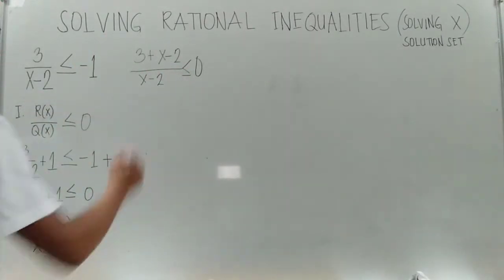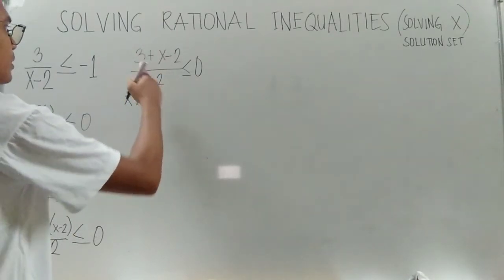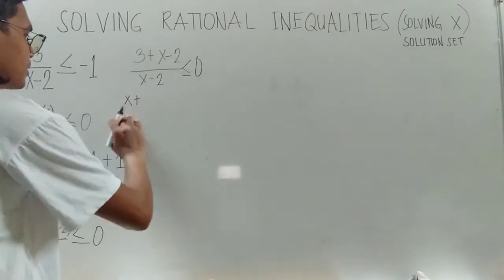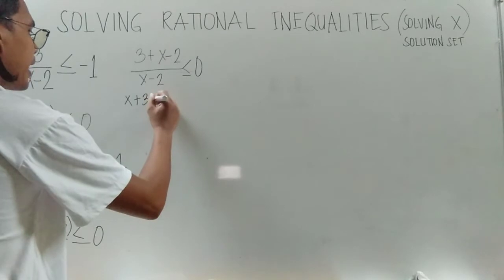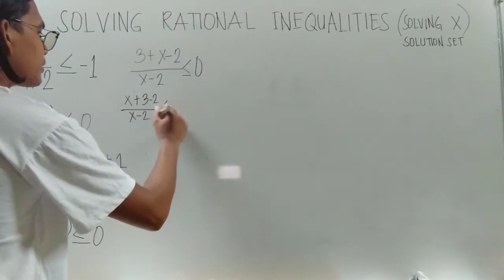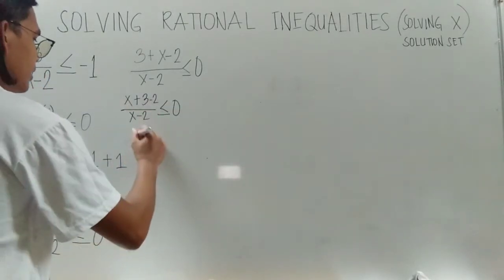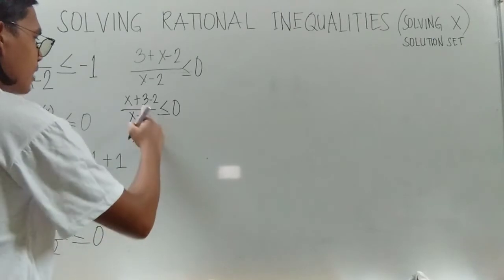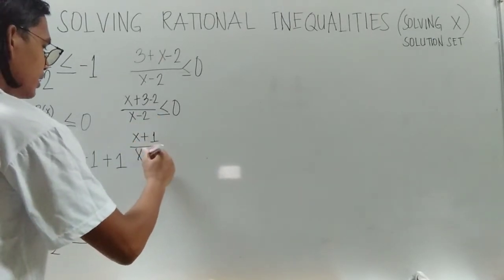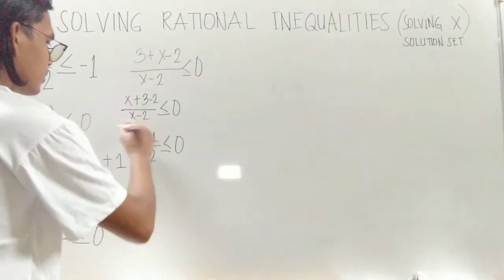To simplify, we have x plus, combine like terms, 3 minus 2 over your denominator, x minus 2, is less than or equal to 0. Then simplify again, you have x plus 3 minus 2, so you have 1 divided by your denominator, which is x minus 2, is less than or equal to 0.